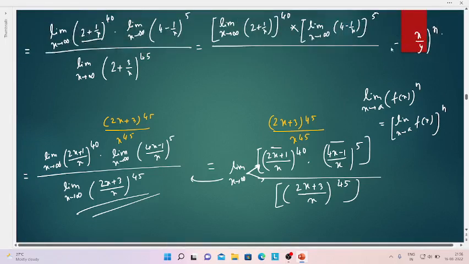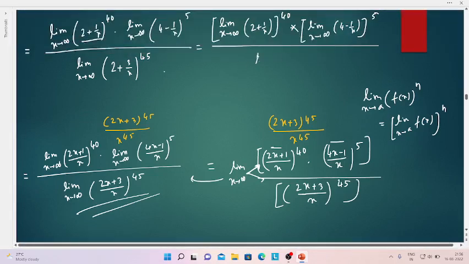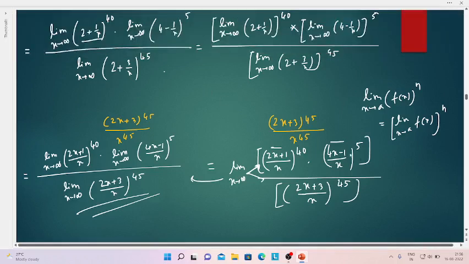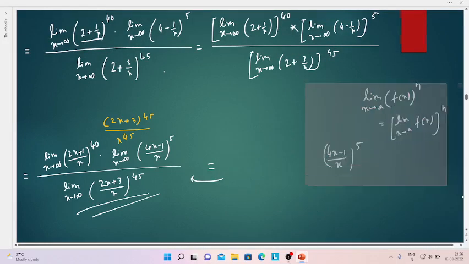Let me erase these parts. And the denominator will become limit x tending to infinity 2 plus 3 upon x, that part to the power 45, right? Let's erase that part.